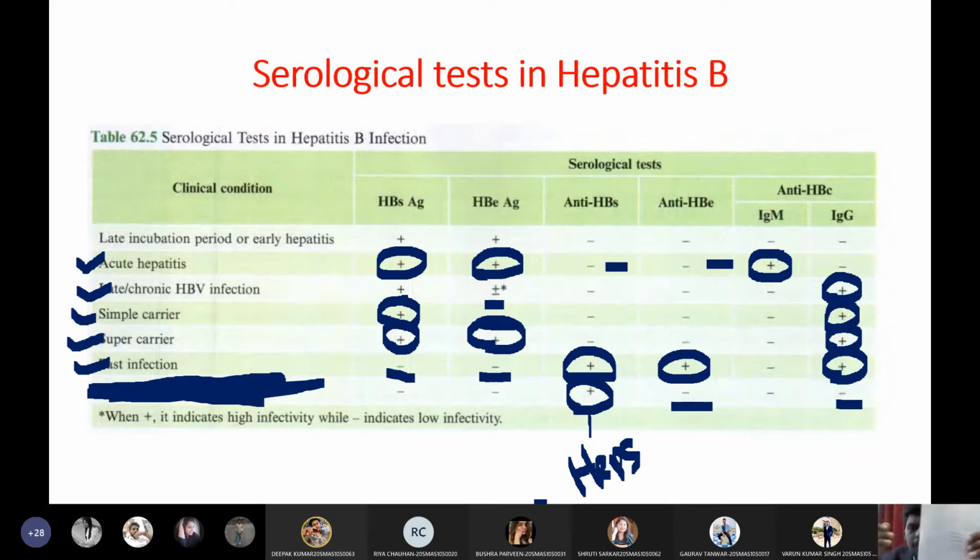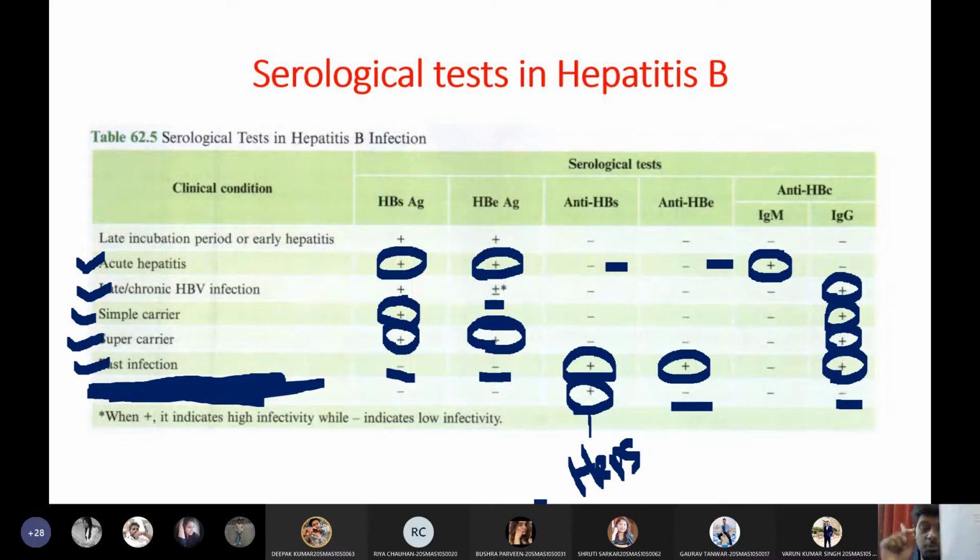In this test card, they keep the following parameters: surface antigen, envelope antigen, and core antigen. Along with them they also keep surface antibodies, core antibodies, and envelope antibodies. So with just the addition of a single drop of blood, we are able to detect all the antigens and antibodies in the patient's blood.